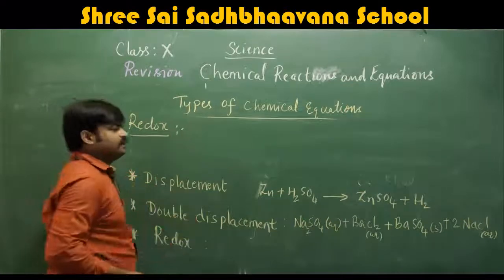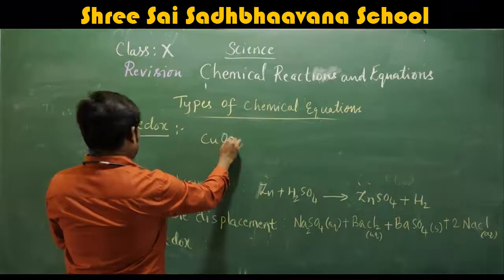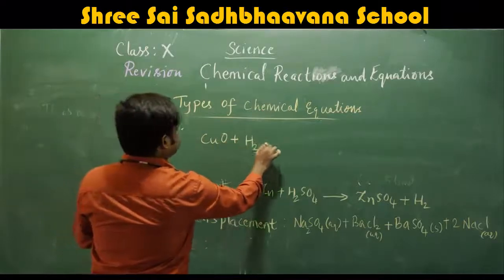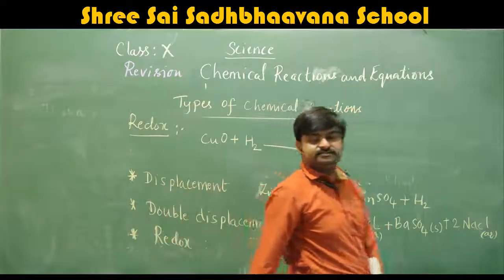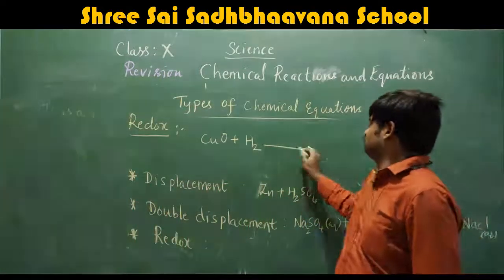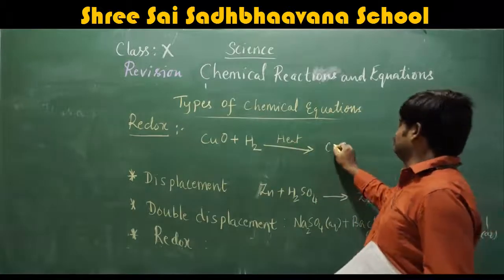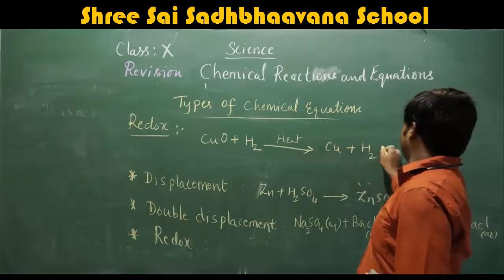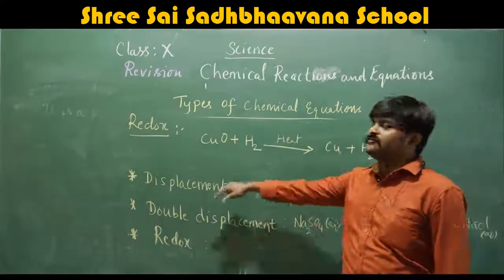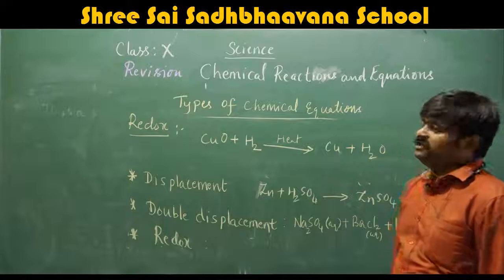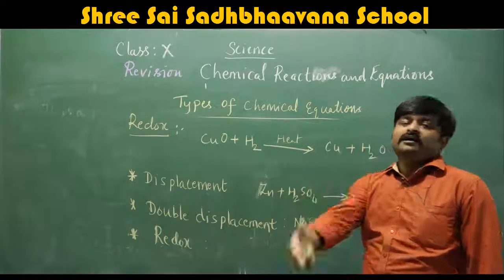So the example is CuO plus hydrogen. When we heat this, it gives Cu plus H2O. Okay, here we can see the loss of oxygen and gain of oxygen. When it is loss of oxygen, that is called reduction.